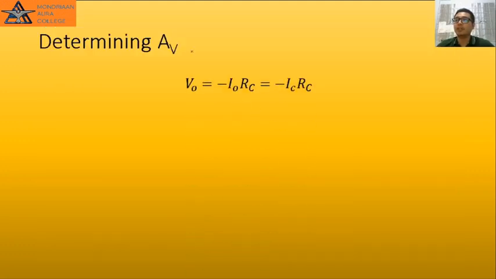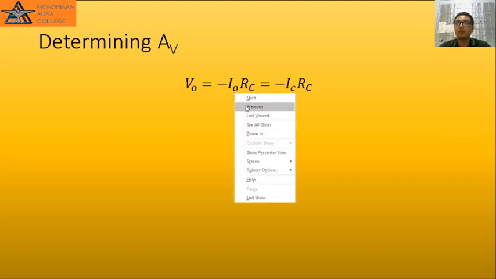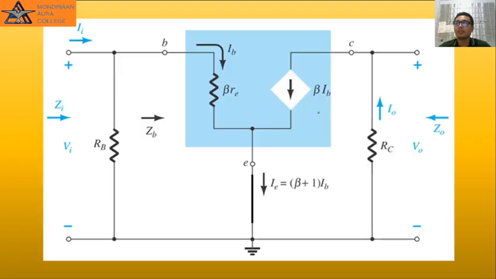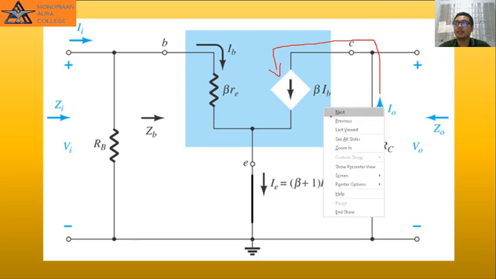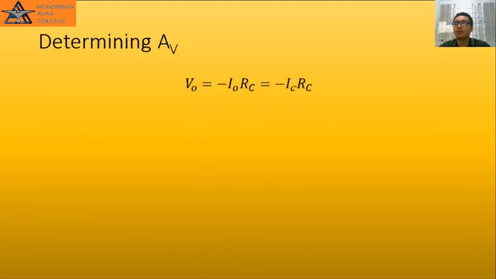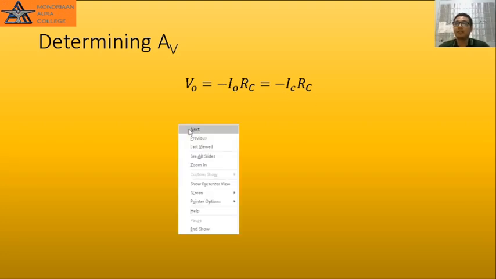Meron tayong negative dito dahil lumalabas yung kuryente sa ating positive polarity for the output voltage. And I sub O is also equal to I sub C, di ba? Ito yung I sub O natin, pumasok dito. This is also I sub C. That's why we can replace I sub O with I sub C.